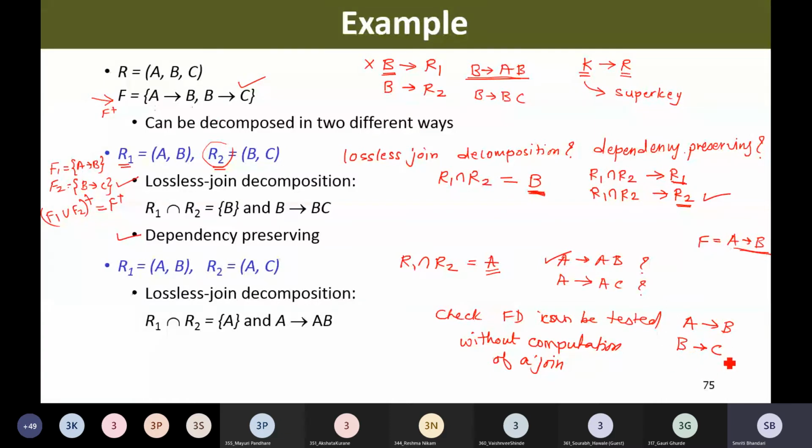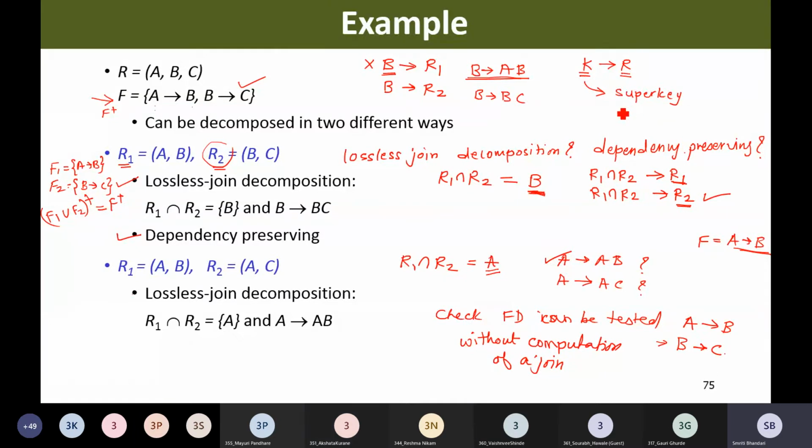So both of these attributes are part of two different relations. If we want to test this functional dependency, we have to compute the join of R1 and R2. Otherwise, it is not possible for us to test for this dependency. Do you agree with me? Yes, ma'am.